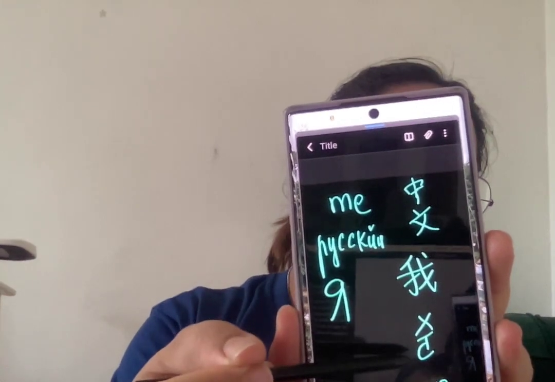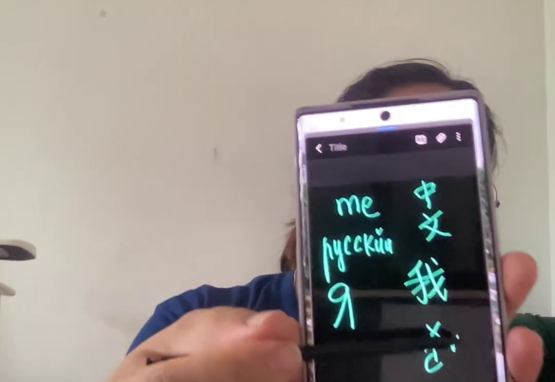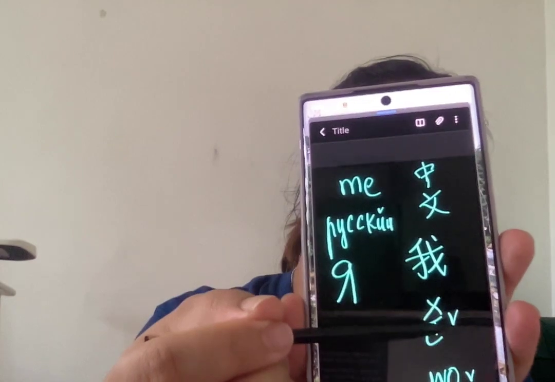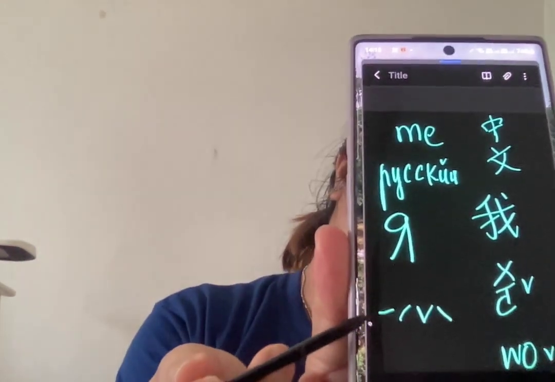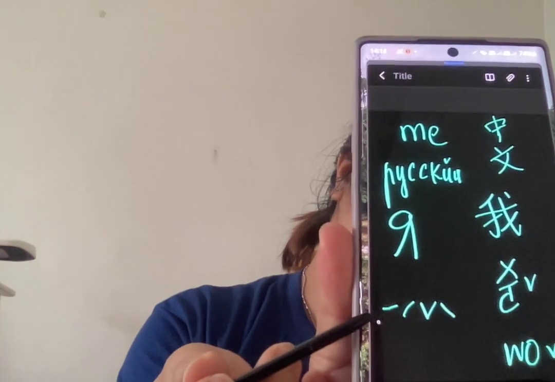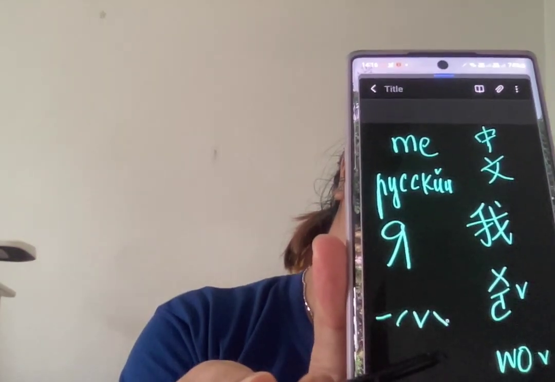So u, o, wo, and then you have the fourth sound. There are four sounds in Mandarin. So there's the 第一声, 第二声, 第三声, 第四声. So this is the first sound, second sound, third sound, and fourth sound.